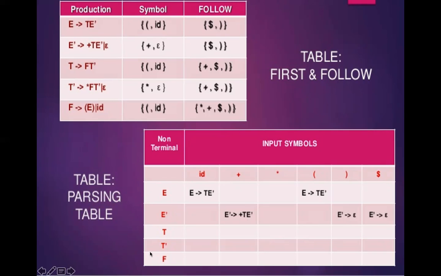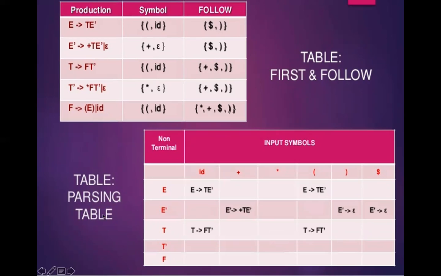Here again you see in T there is no epsilon, so we need to take care of only first, that is under open bracket and id, T tends to FT dash. Over. After that, T dash also has epsilon, so we need to fill under the follow columns T dash tends to epsilon. First we will fill the first, that is star.